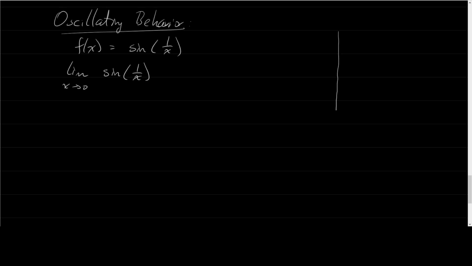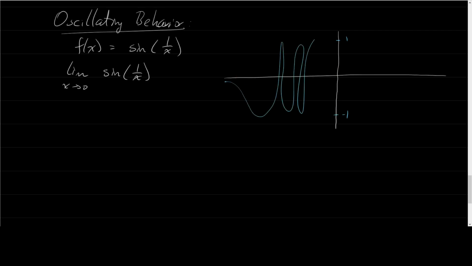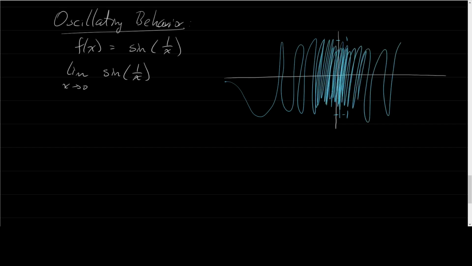Now let me show you what that looks like. This function looks something like this. It's bounded between 1 and -1, and it looks something like this. It oscillates a lot as it gets closer and closer to 0, but it oscillates slower as it gets further from the x value of 0.